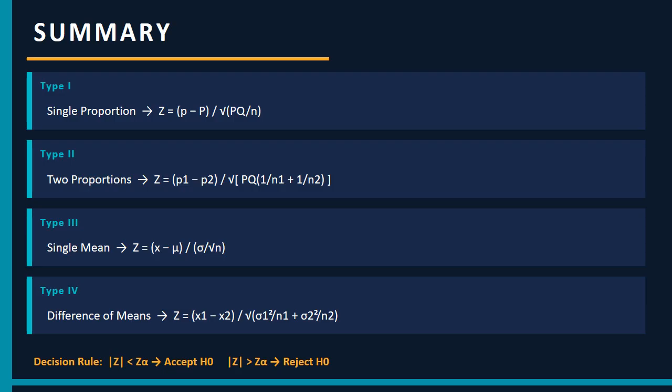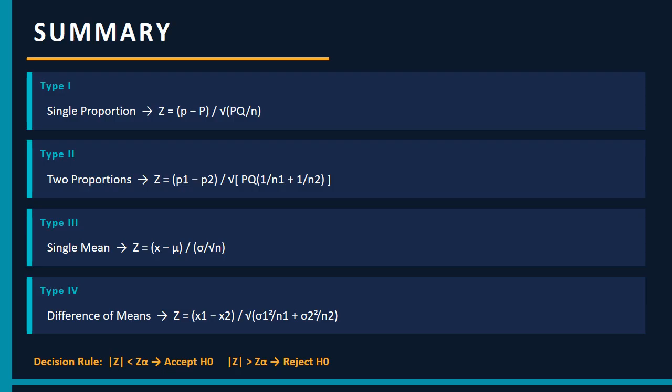Then in this current presentation, we saw type 3, that is for single mean: Z equal to x bar minus mu divided by sigma by root of n. We use this when comparing a sample mean to a known or hypothesized population mean. Then we saw type 4, that is difference between two means: Z equal to x1 bar minus x2 bar divided by root of sigma 1 square by n1 plus sigma 2 square by n2.